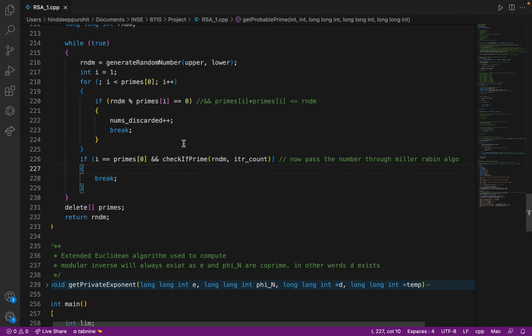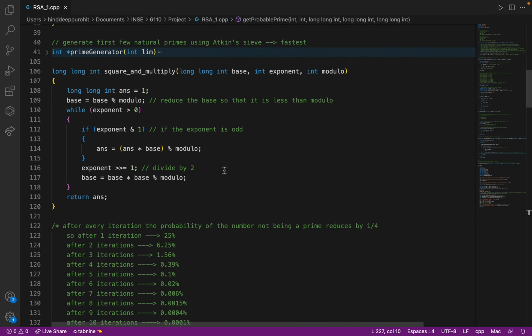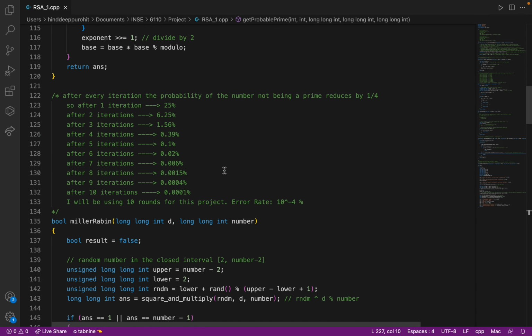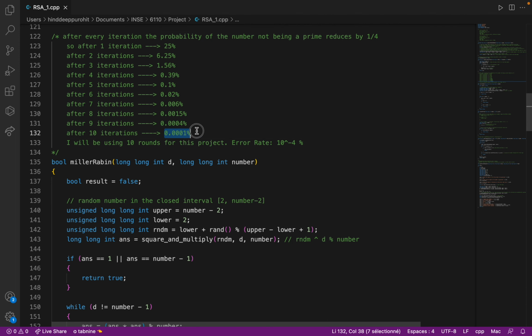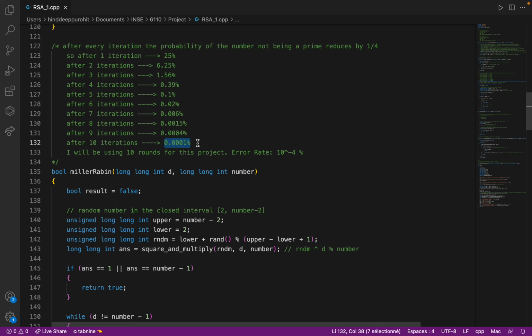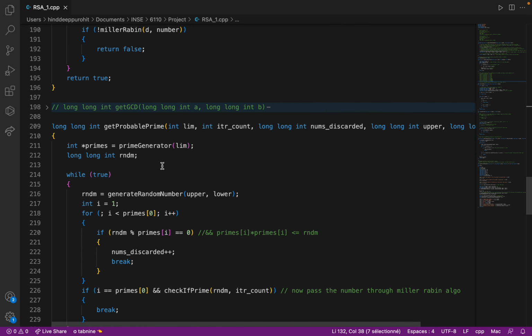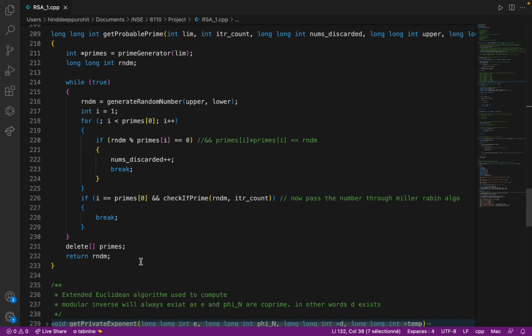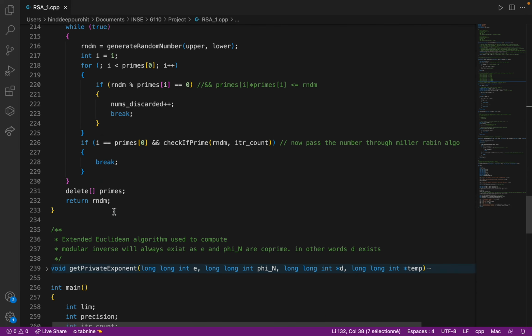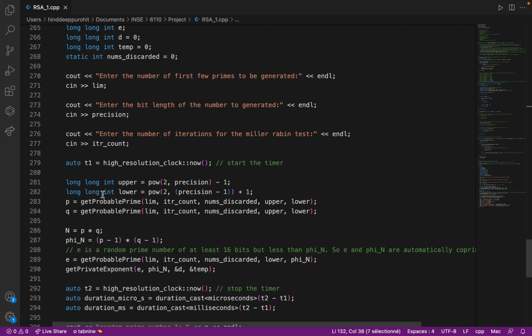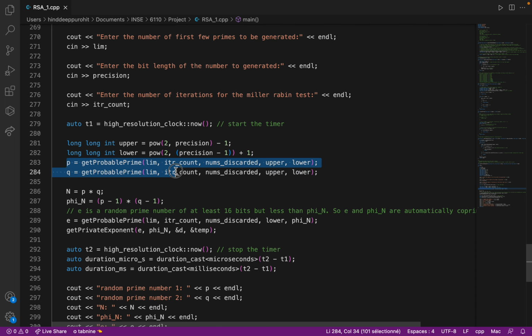I'm using around 10 passes of the Miller-Rabin test, and with 10 passes, I get an accuracy such that there is a 0.0001% chance that the number I generate is not a prime number, which is very, very accurate. Once we have the probable prime, we return it to the main function. So this is how we calculate P and Q.